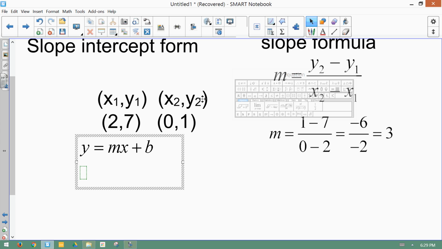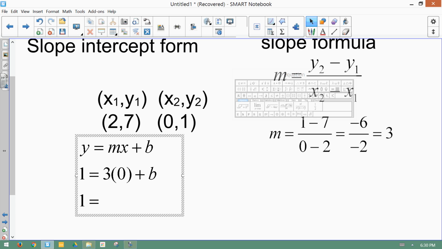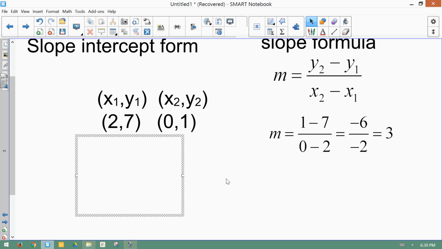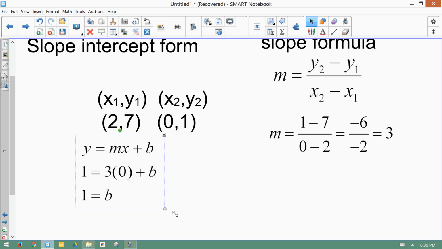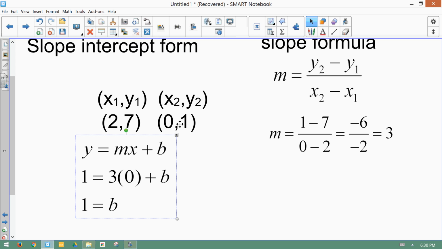So y equals 1, equals m, which is 3, times x, which is 0, plus b, because that's what we're looking for. Simplifying, 3 times 0 is 0, so we can drop that off. So b ends up being 1, which we should have known anyway because it's the y-intercept.